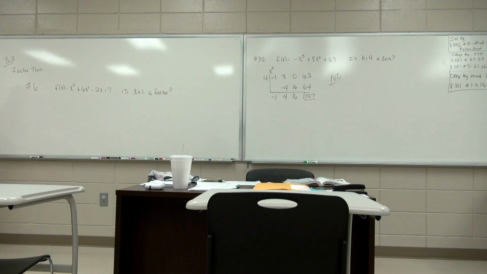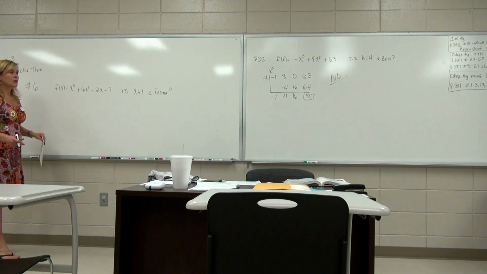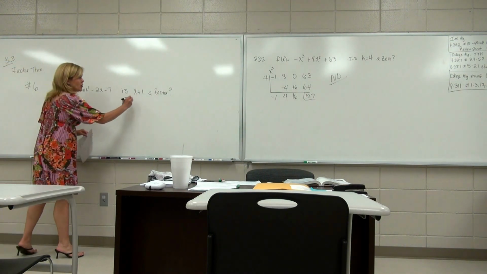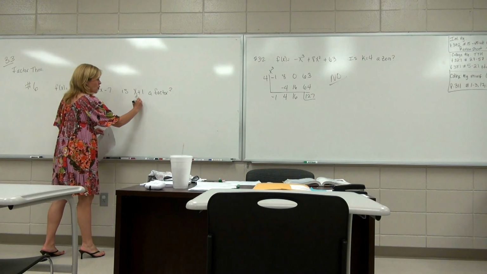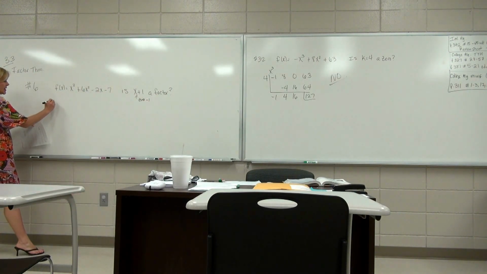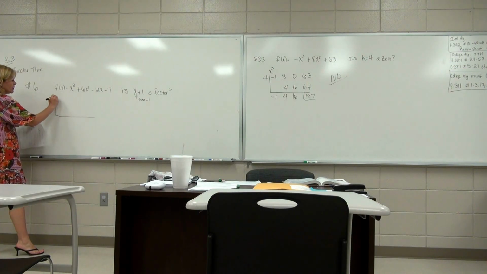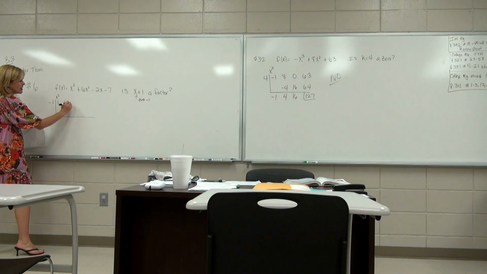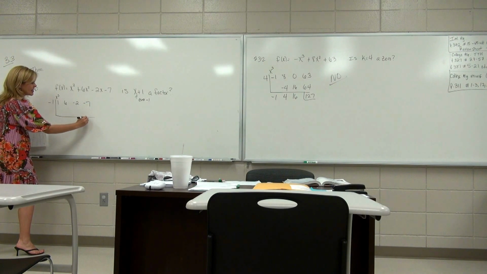Now I just told you on the remainder theorem, if your zero gets a remainder of 0, then yes, it's a factor. So what do you think I need to do here? What am I going to divide by? Negative 1. Right, remember if it's written this way, you ask yourself, what makes it 0? Negative 1. This is x cubed, we get 1, 6, negative 2, negative 7.